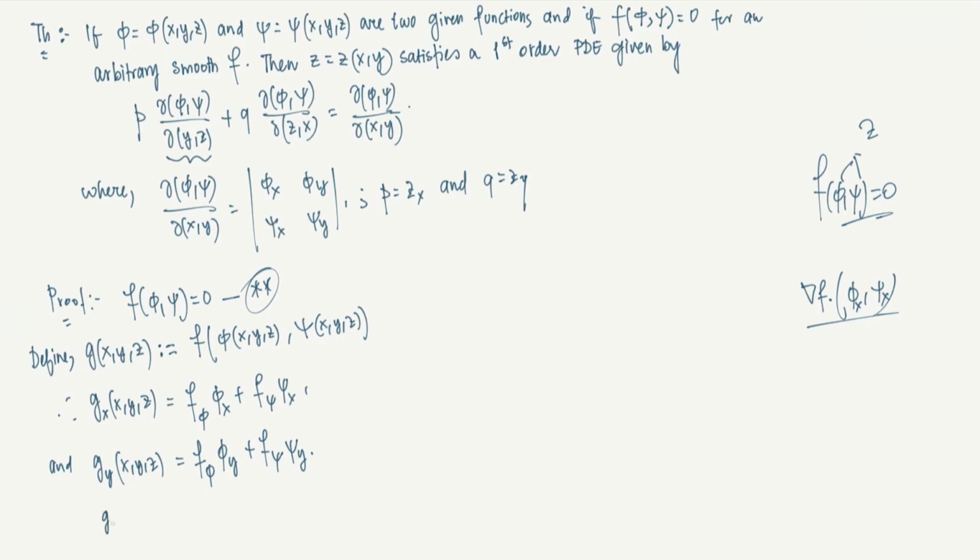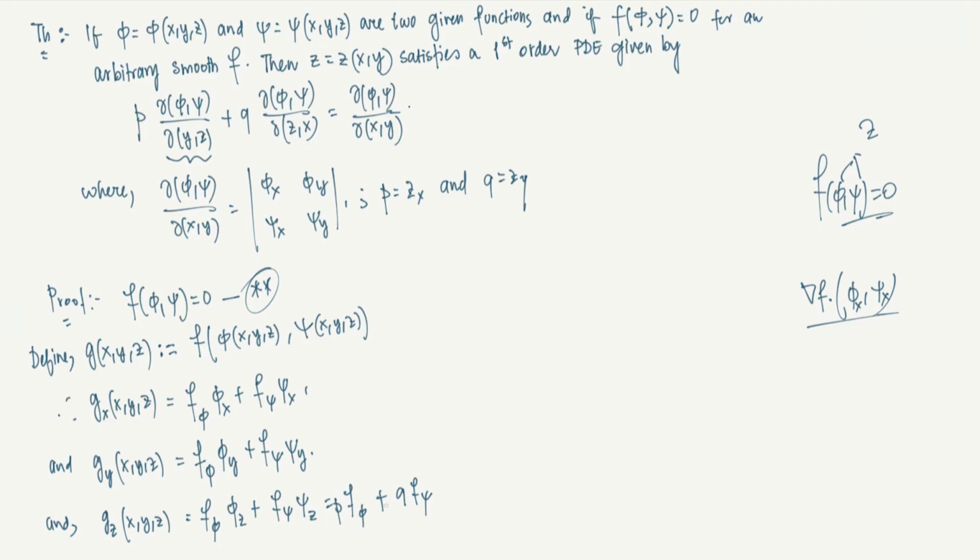Now you see, if I'm taking g z with respect to x, y and z, that will give us f phi phi z plus f psi psi z. Yes, okay, so that will be nothing but p times f phi plus q times f psi.